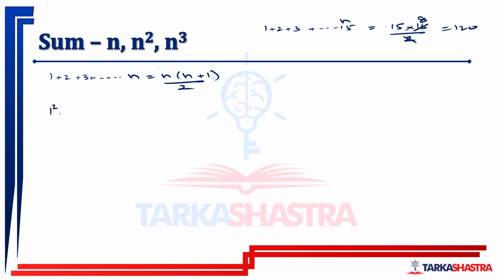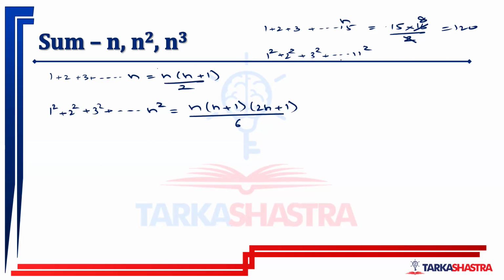Then what do we have? 1 square, 2 square, 3 square, up to n square. The formula is n into n plus 1 into 2n plus 1 divided by 6. So if I have to calculate 1 square plus 2 square plus 3 square up to, let us say, 11 square, how will I do it? 11 is the value of n for me now.